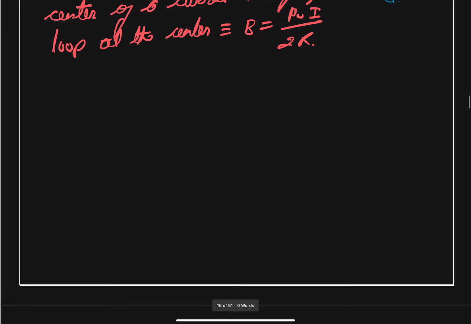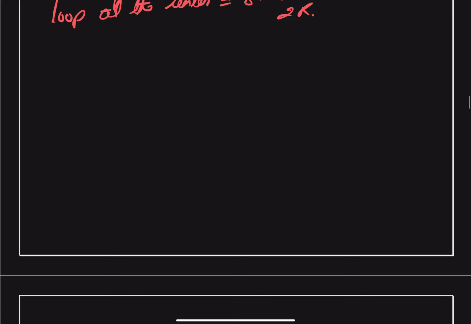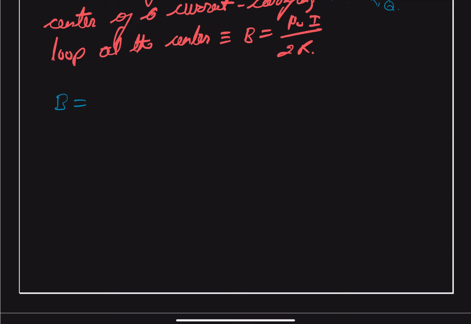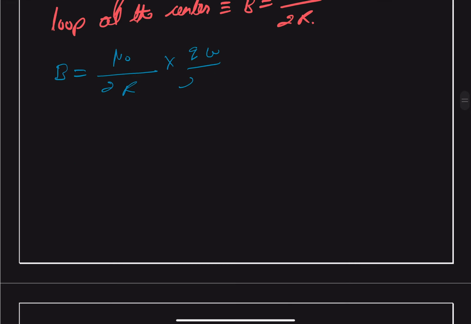So if you substitute the equation for the current, we can write that our magnetic field B will be equal to mu naught upon 2r multiplied by q omega and divided by 2 pi, which we can write as mu naught q omega upon 4 pi r.